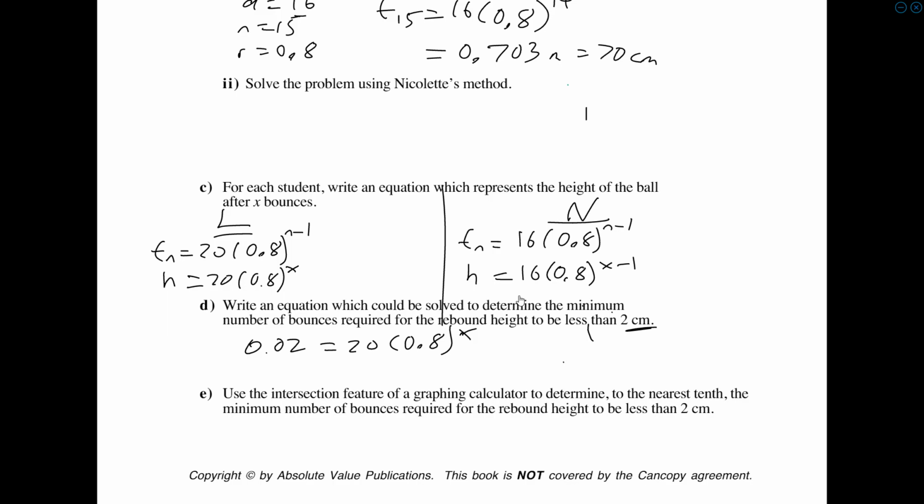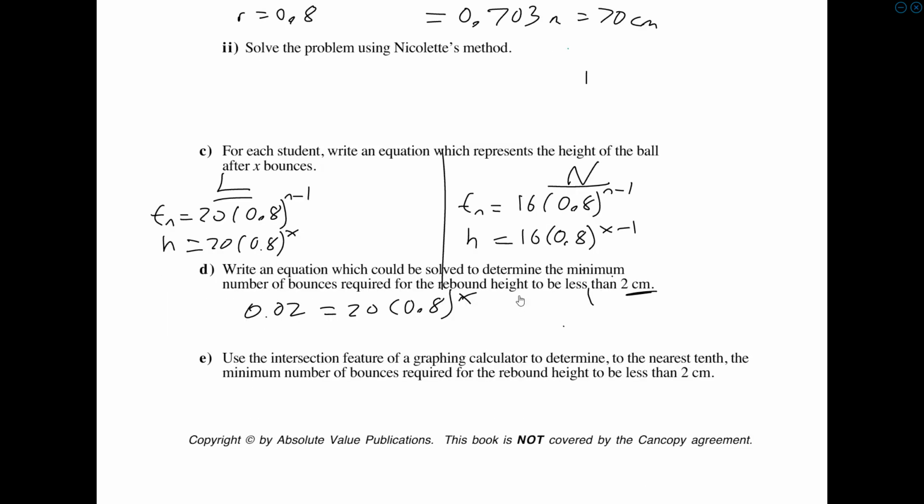Okay, what did you get? 10 point what? 10.3, something like that? Yeah. My calculator is broken. It only gives me one line. Yeah, you just need to zoom in a lot.